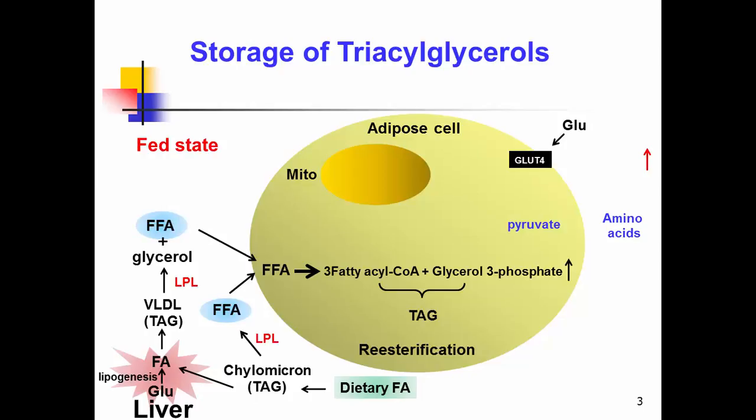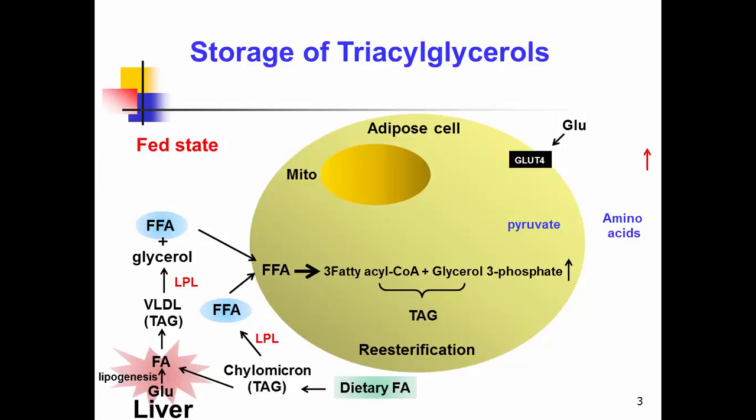Adipocyte. So again, similarly, triglyceride has to be packed into a different lipoprotein. The liver makes a different lipoprotein called VLDL, very low density lipoprotein, that can pack triglyceride synthesized in the liver and transport it to the adipose tissue.